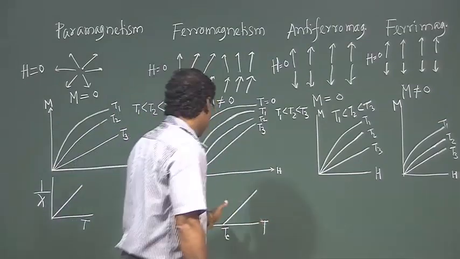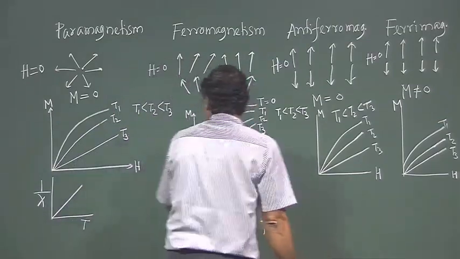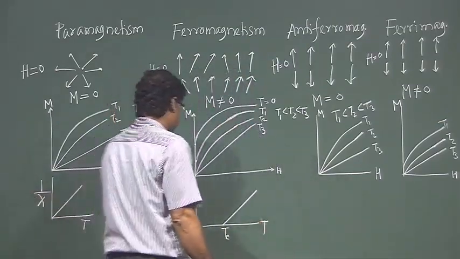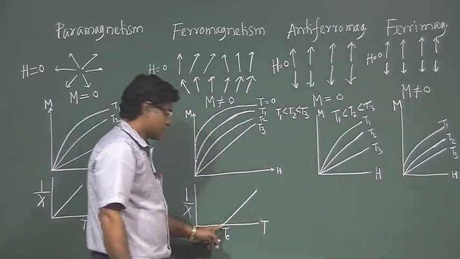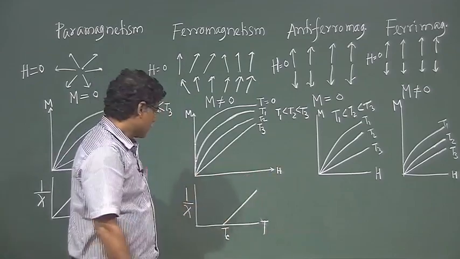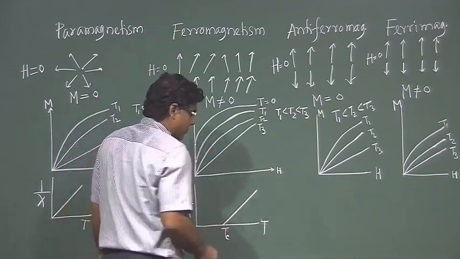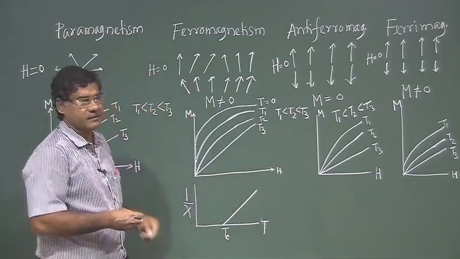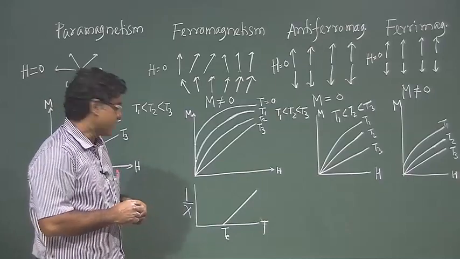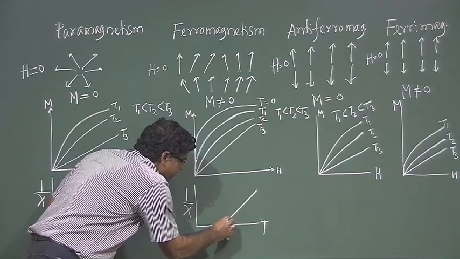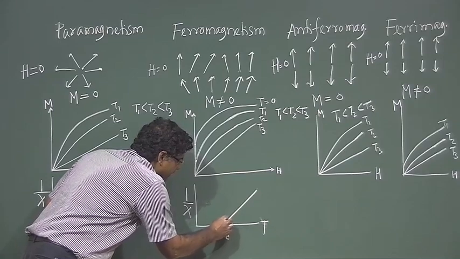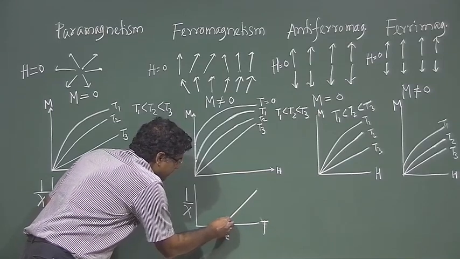Above the Curie temperature, it will follow the same paramagnetic behavior, but it will not start from 0. Sometimes this Tc we call the ferromagnetic transition temperature. It is not exactly this Tc, it is slightly lower.